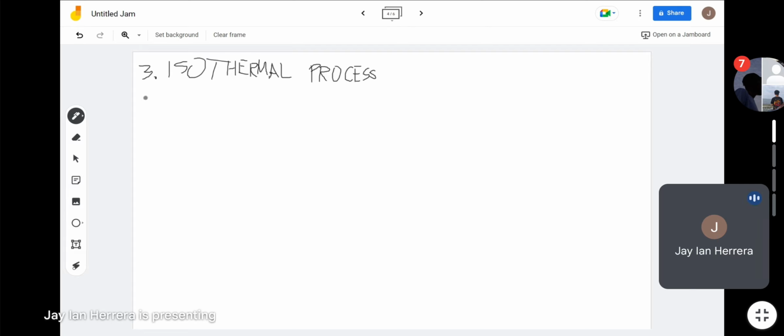Sa isothermal, work non-flow natin. Ang gulo nung pagkakalistas ko ng problem. Mas babalikan natin yun sa Monday. Work non-flow natin, hindi na siya valid. For isothermal, hindi na siya yung P1 V1 minus P2 V2.